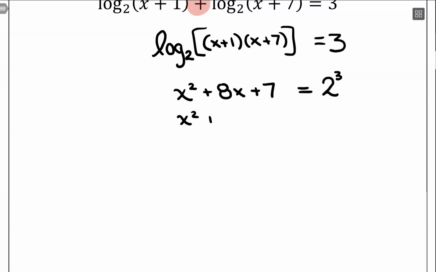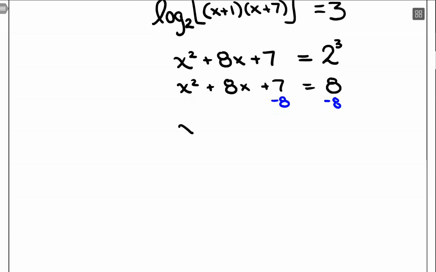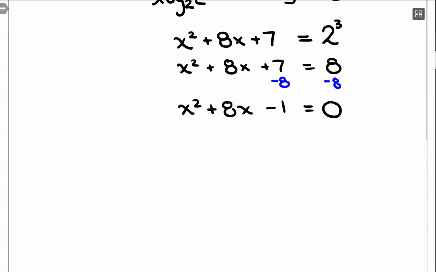So this is x squared plus 8x plus 7 equals 8. And then to get 0 on one side, I'm going to subtract 8 from both sides. So this gives me x squared plus 8x minus 1 equals 0. So if I try to factor this, I'm going to get stuck because there aren't two values that multiply to 1 or multiply to -1 that add up to 8.